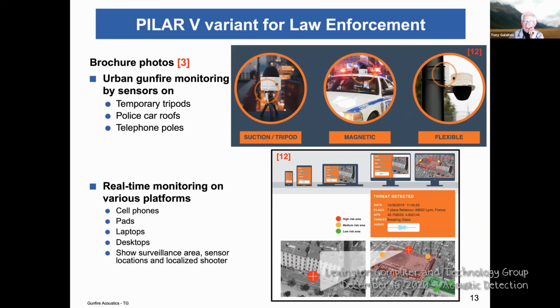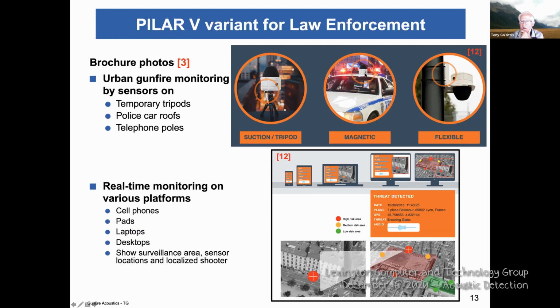A civilian variant for law enforcement of that system, the French system, is shown here, or partially shown here, in the sense that it has many different manifestations. For example, it comes in single sensors that can be integrated, again, coherently processed. And they can use suction cups at the end of tripods so that they can be placed everywhere, on a balcony or whatever.